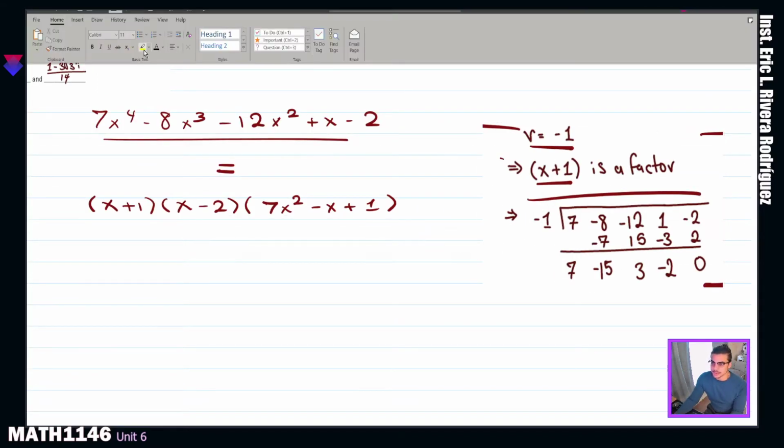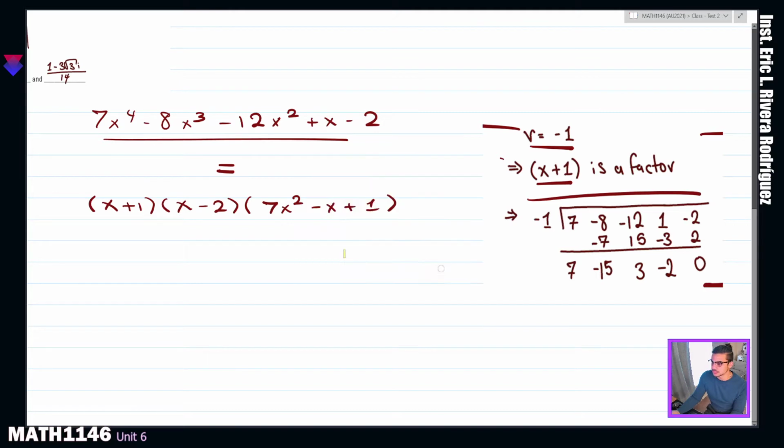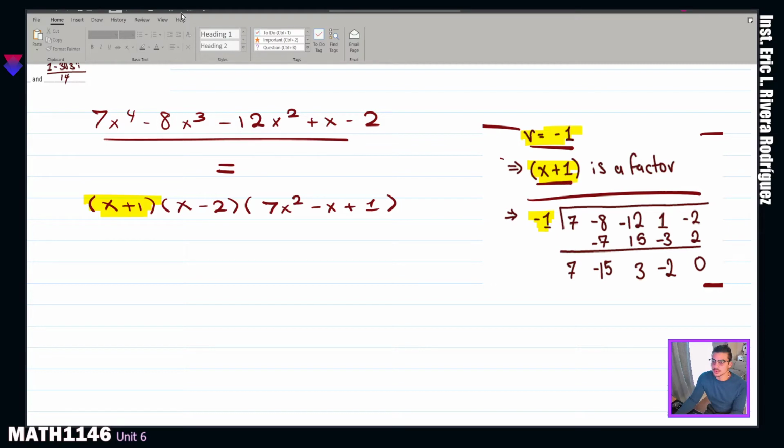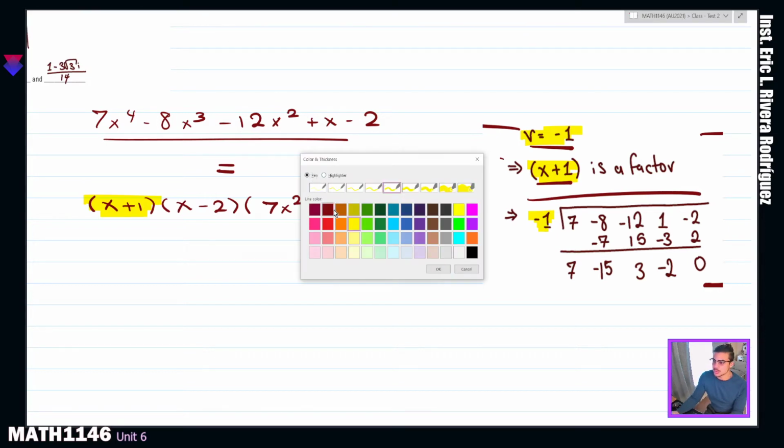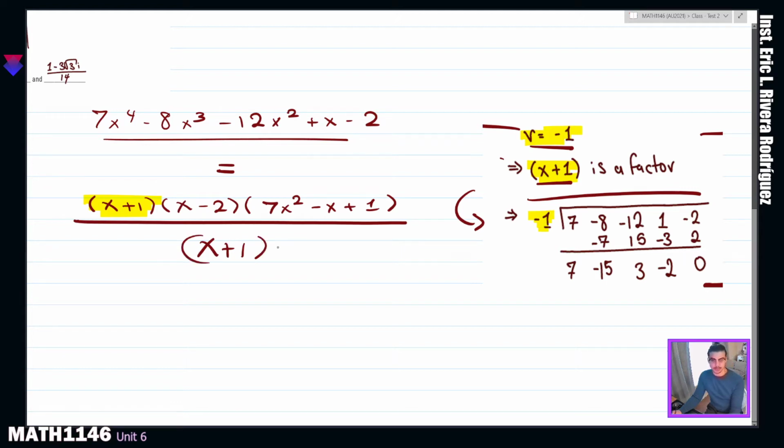So what is happening here? When we do this process, what we are doing is dividing the entire polynomial by the factor x plus 1.